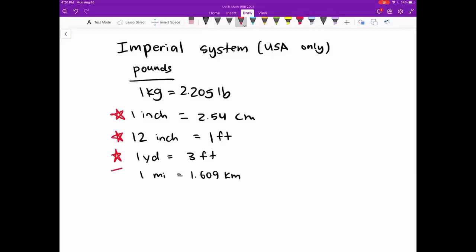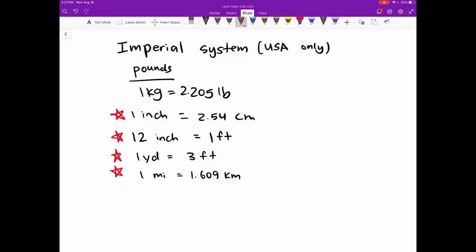You only need to remember that 1 inch equals 2.54 centimeters. Then you only need to know one of the conversions from the imperial system to the more common system, and then know the conversions for each one to be able to understand it.